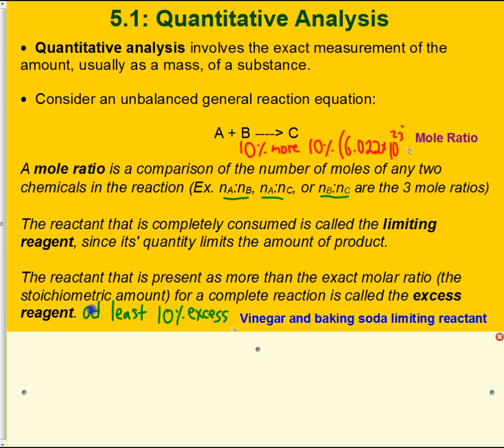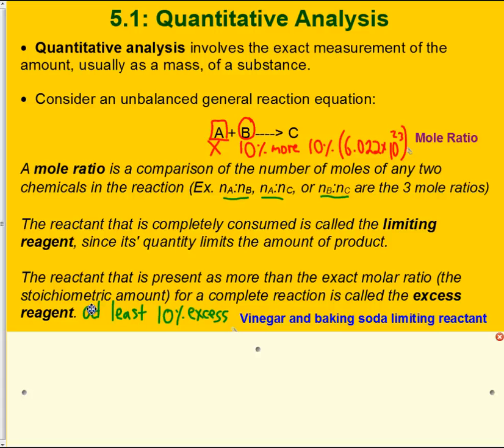And that's a lot of extra. 10% of that is on the order of 10 to the 22, which is still huge. And that's going to make sure that all of the atoms or molecules of B can find all the atoms or molecules of A, and at the end, A is all used up, all gone, and B will be left over a little bit.